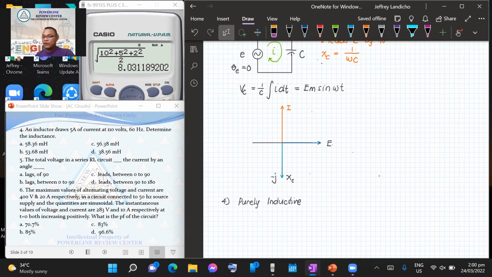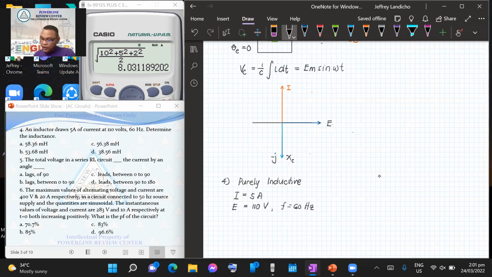It did not say which current that is. Automatic: when the problem gives a value of current or voltage and does not specify whether it is maximum value, instantaneous value, average value, automatically it should be the RMS value. So the RMS value of your current is 5 ampere, wherein the RMS value of our supply voltage is also 110 volts at a given frequency of 60 hertz.